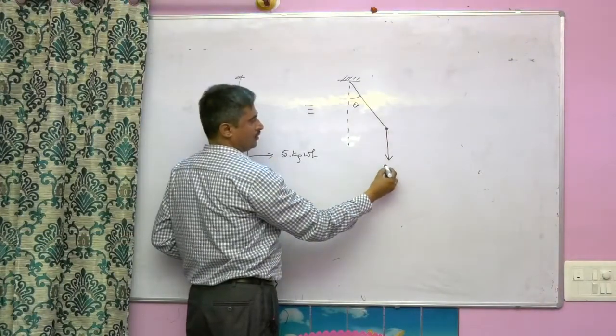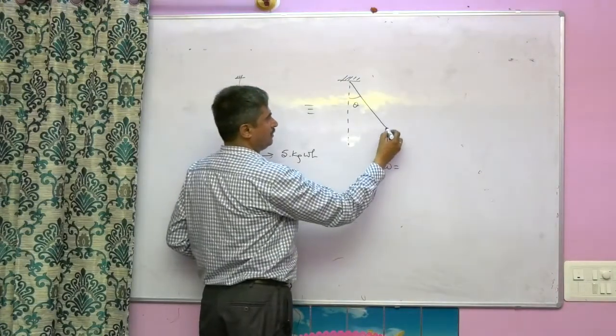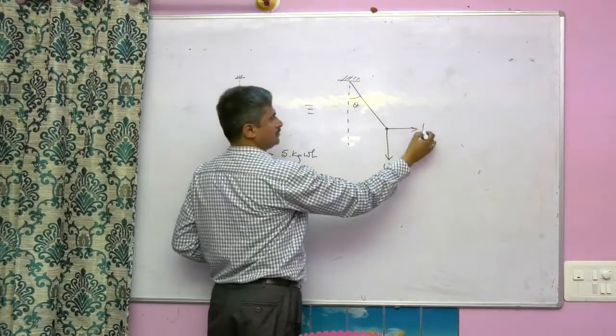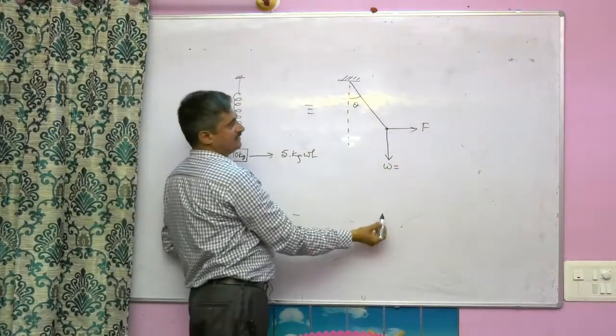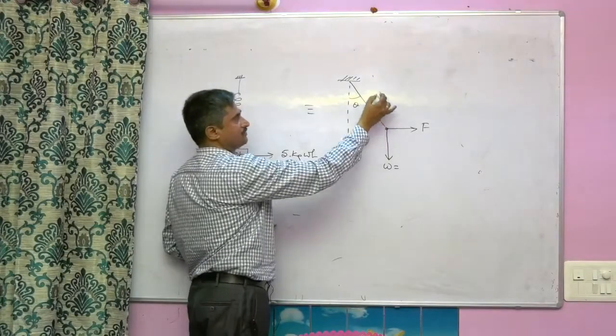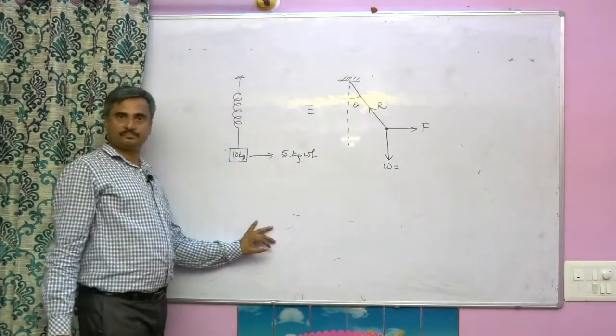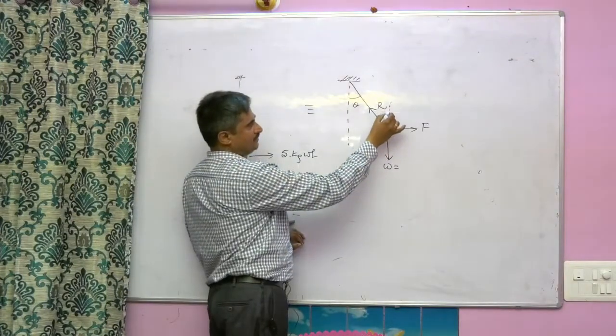This is the weight W acting vertically downward, and this is the horizontal force F. This is theta. So this is the reading of the spring balance.